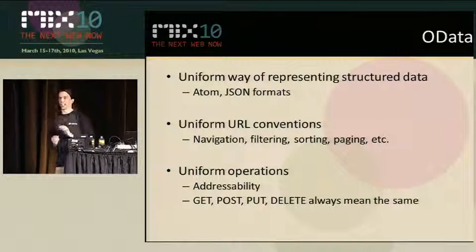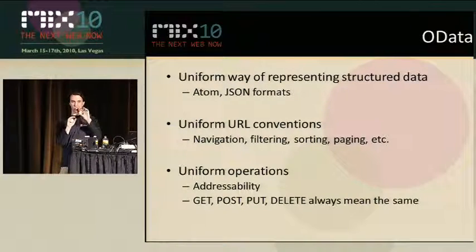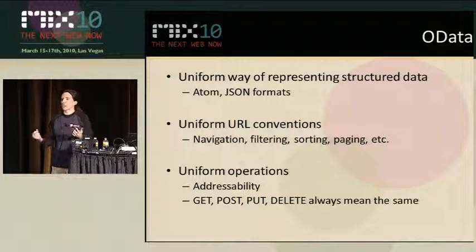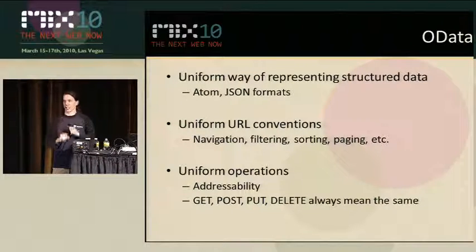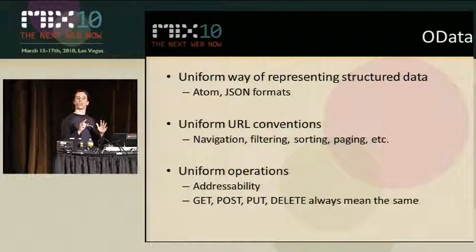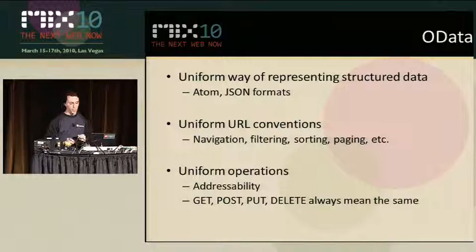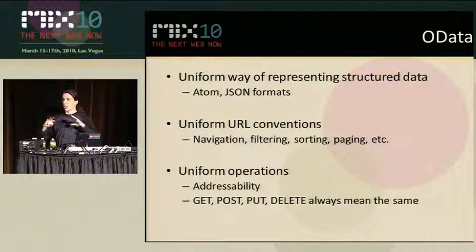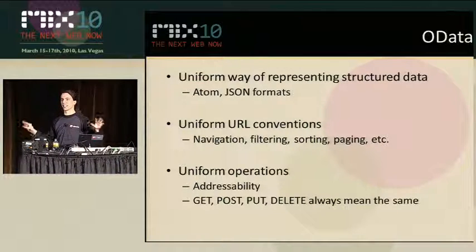You want to narrow down the number of entries, or you want to sort it and maybe page over it. And so we came up with just a set of conventions, nothing fancy, that allows you to make certain assumptions about the URLs if you want to, and then query the server with that. And finally, you want the interface itself to be uniform, the service interface. What that means is we have a set of operations that everybody agrees on what they mean.